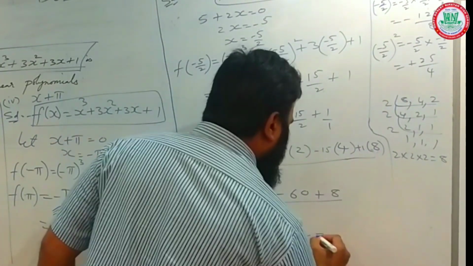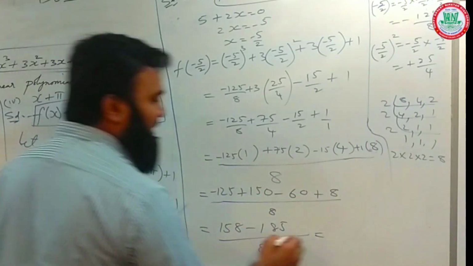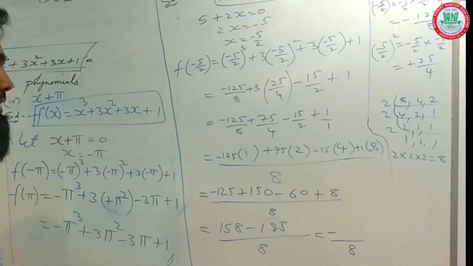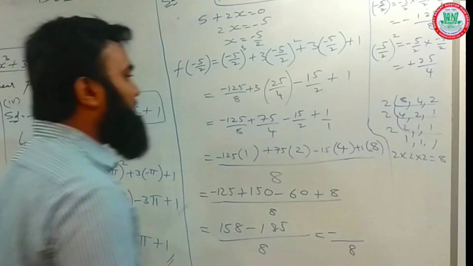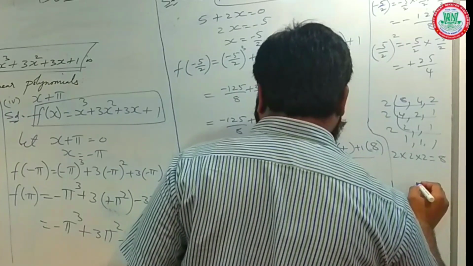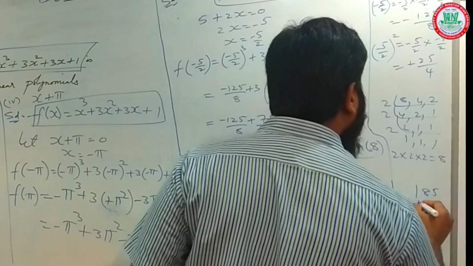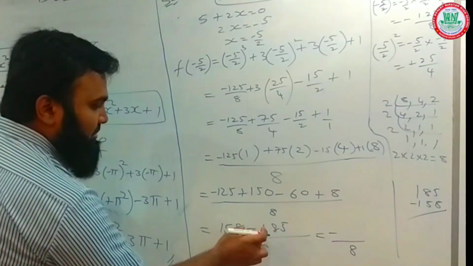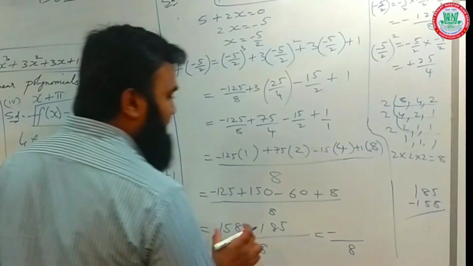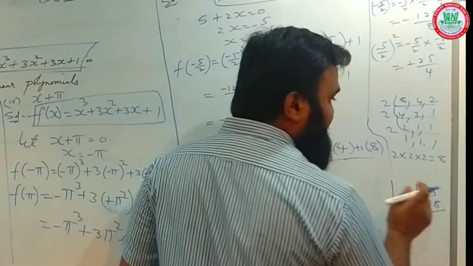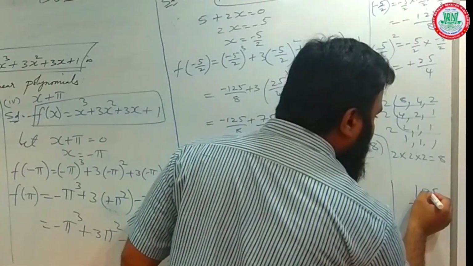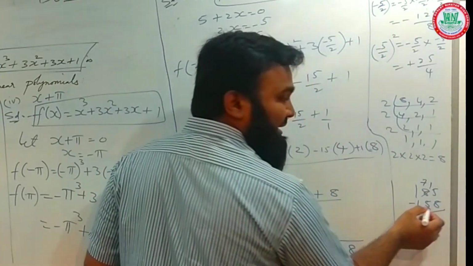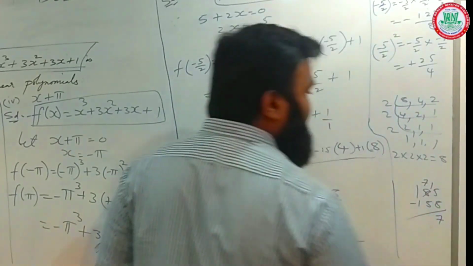So 158 minus 185. We have to use the bigger number's sign, minus. Okay, here by 8 as it is. We need to subtract bigger number minus smaller number, 185 minus 158. So the bigger number we just put here, minus sign here. 185 minus 158. 5 minus 8 we will not get, so we have to take the 1 here, 15 minus 8, 7.